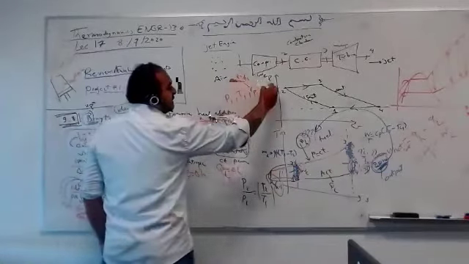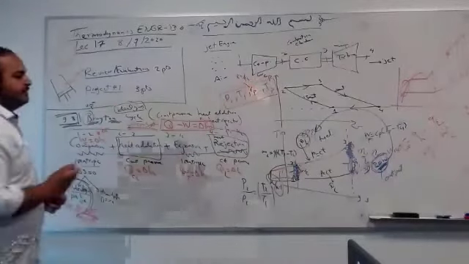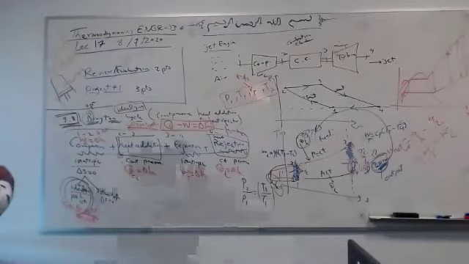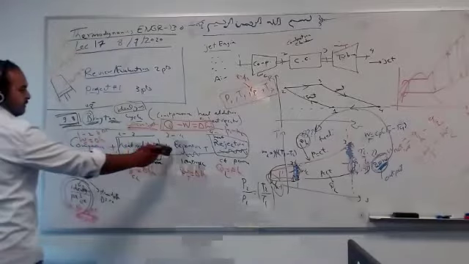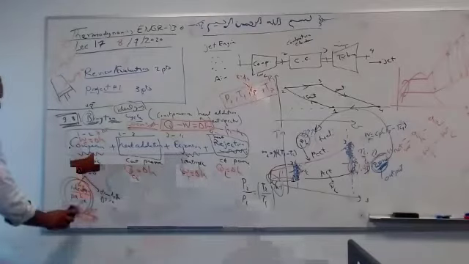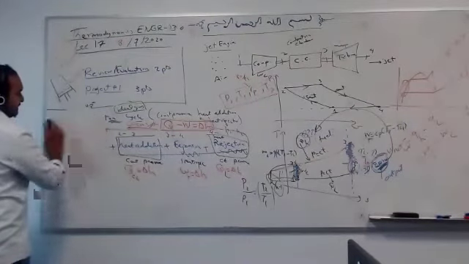If you have these 4 inputs, just 4 independent variables, you can get everything in this cycle: the work, the efficiency. Let's do it. So, the compression 1 to 2, 2 to 3, 3 to 4, 4 to 1. You know what's going on here, correct? Okay, guys?